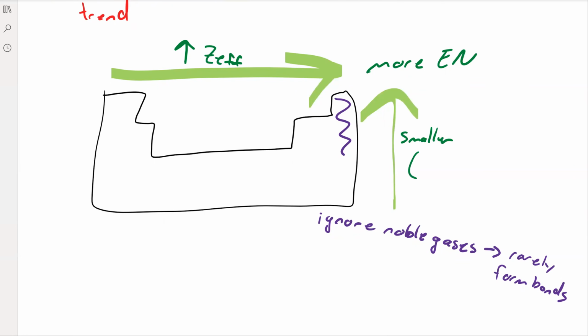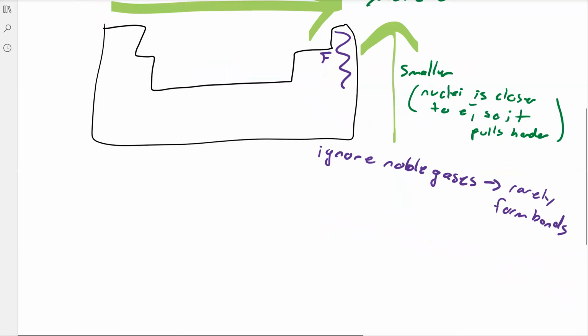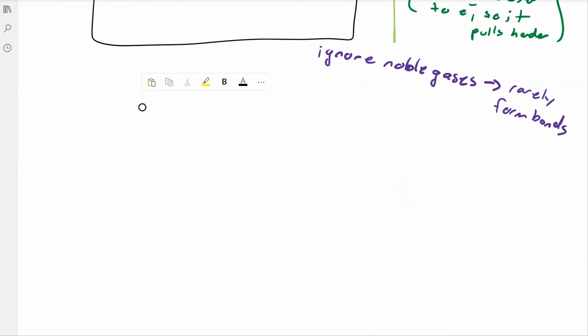And since we get smaller, that reduces the distance from that electron to that nucleus, and that nucleus can pull on an electron more. So that nucleus is closer to the electrons, so it pulls harder. So if you think about what element is the most electronegative, it is fluorine, right? Fluorine is in that top right corner.